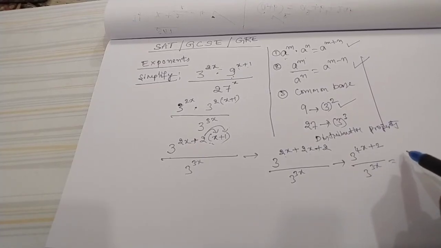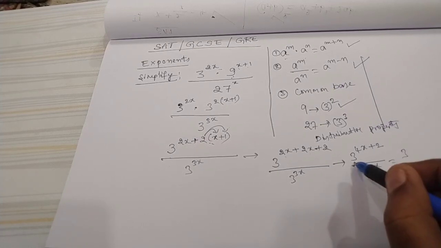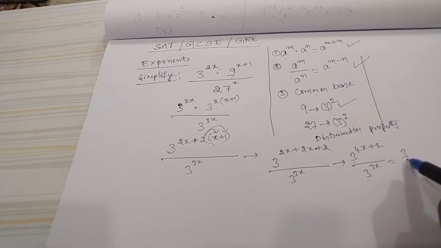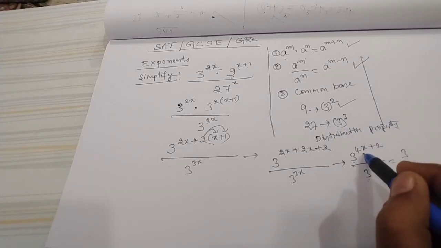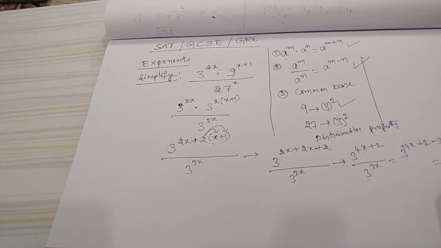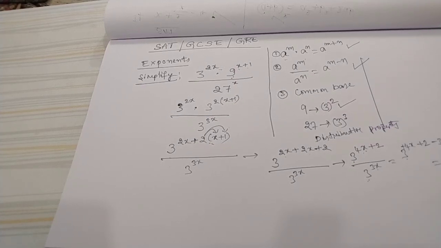Both have the same base 3, so we write the same base and the exponent is m minus n: 4x plus 2 minus 3x. 4x minus 3x is x, so we end up with 3 to the power of x plus 2, which is the final answer.